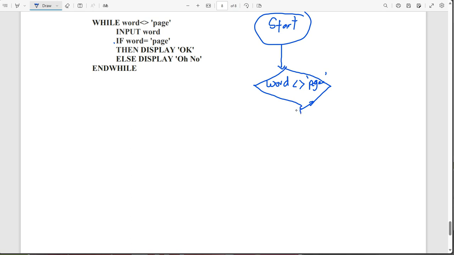All right. Yes or no. When it's yes, you're going to input word. You're going to accept that. And that should be in a parallelogram, right?